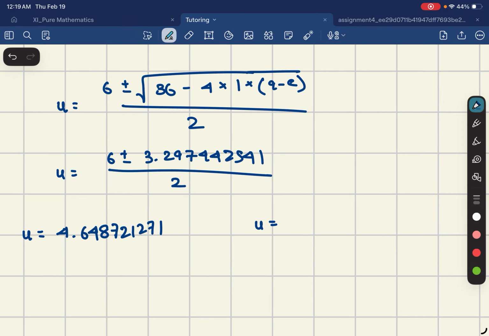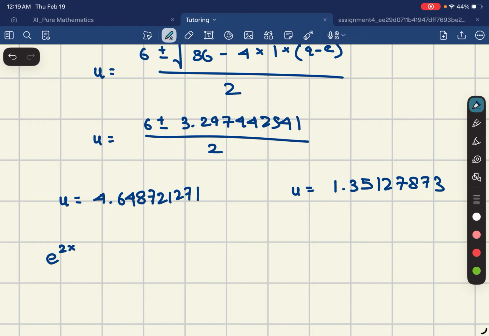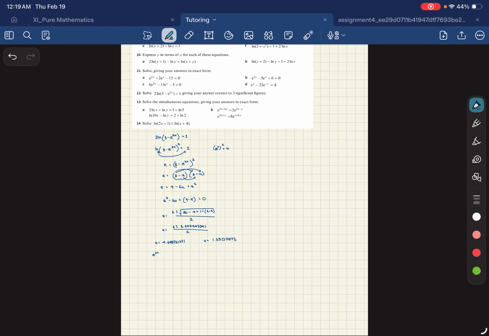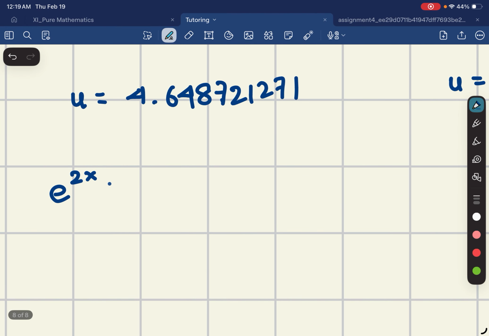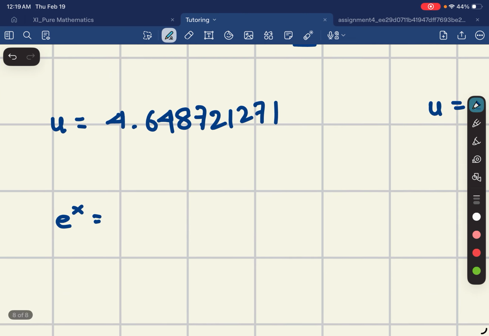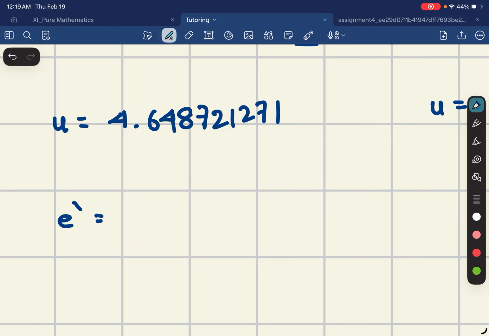And u, if I take the minus form, is 6 minus the answer divided by 2, which is 1.35127873. And remember, this is e to the power 2x. So e to the power x is going to be the positive square root of these answers, because this is e to the power x to the power 2.